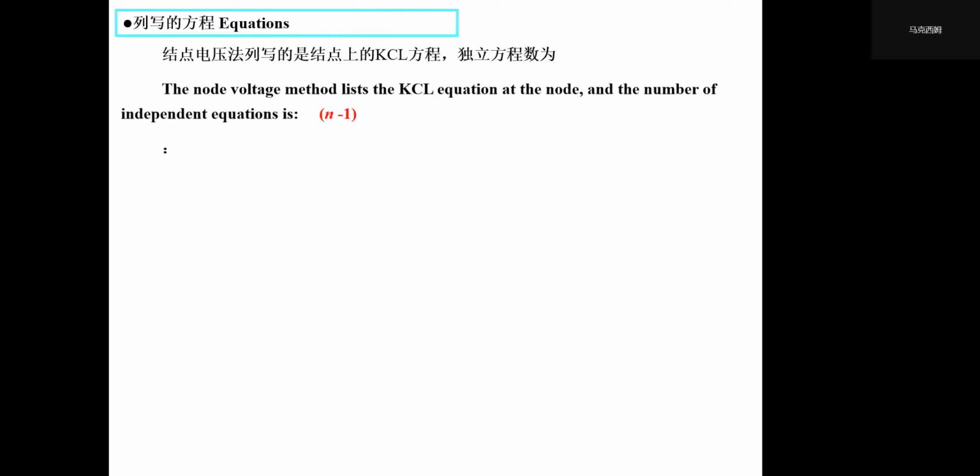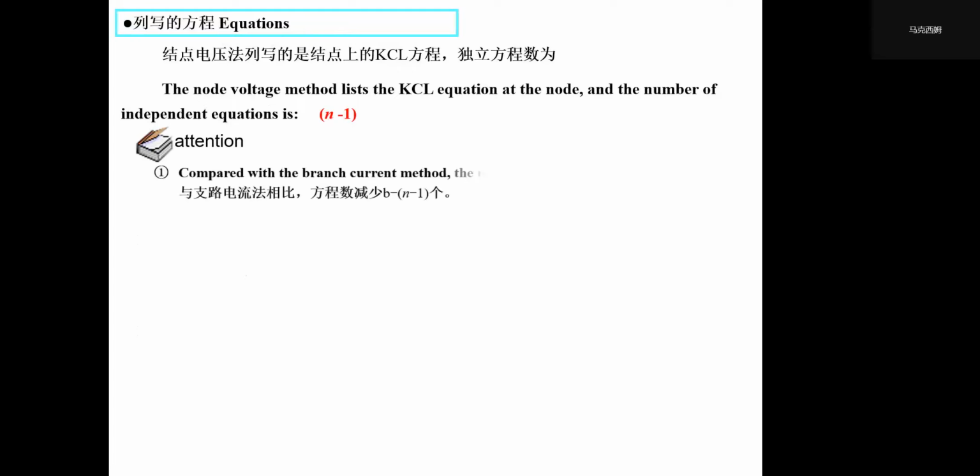Since we are doing the KCL equations, the number of independent equations is n minus 1. This is what we have learned from last week's study. And comparing with the branch current method, the number of equations is reduced by b minus (n minus 1). So to select which method to apply, you can do this calculation.